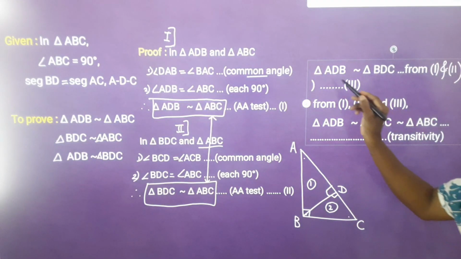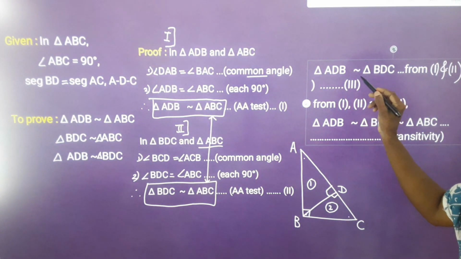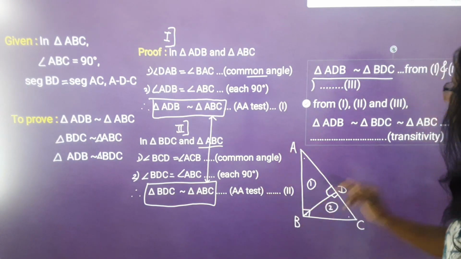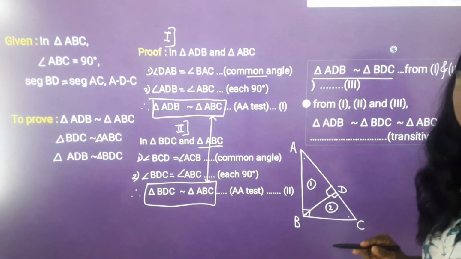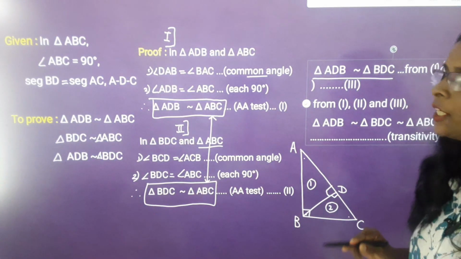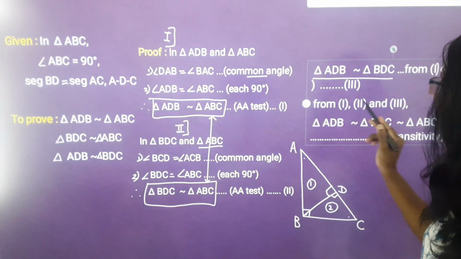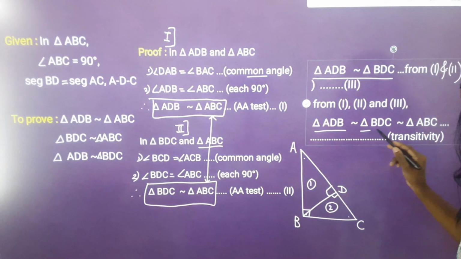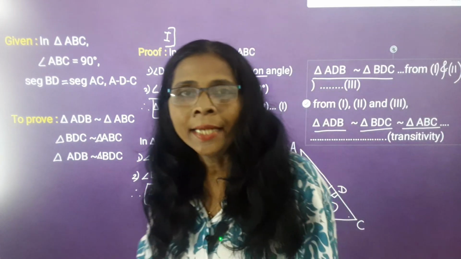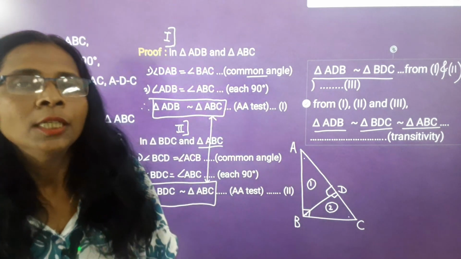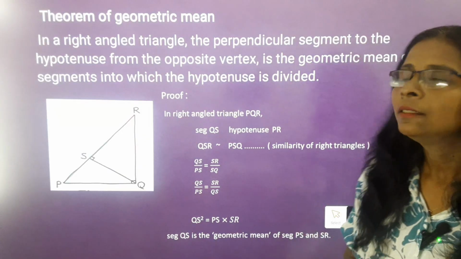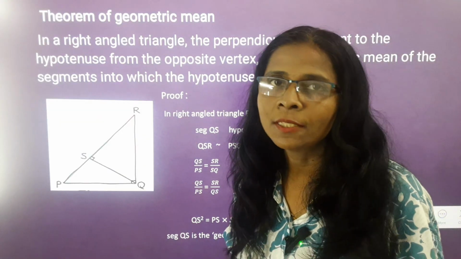So that means triangle ADB is similar to triangle BDC, and call this the third equation. So from 1, 2 and 3 we have triangle ADB similar to triangle BDC similar to triangle ABC. Okay, and this is the transitivity property of similar triangles. Okay, see the theorem of geometric mean, students.